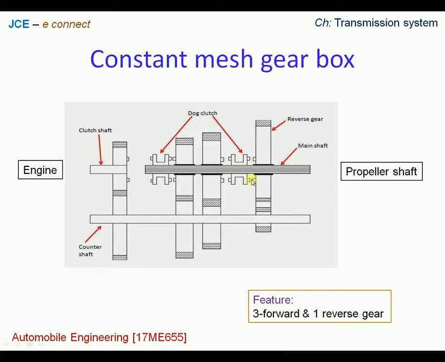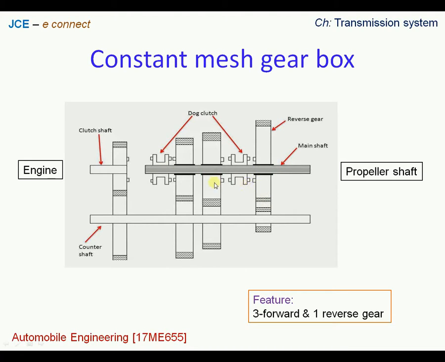And we also notice that we have a black shaded area here for 3 gear wheels. These are the bearings. Therefore we understand that these gear wheels are mounted on the bearings, and the bearings are in turn mounted on the main shaft, and the rotation of these gear wheels are independent of that of main shaft.